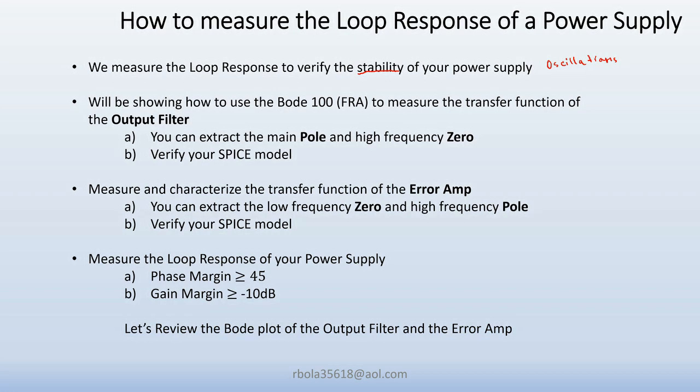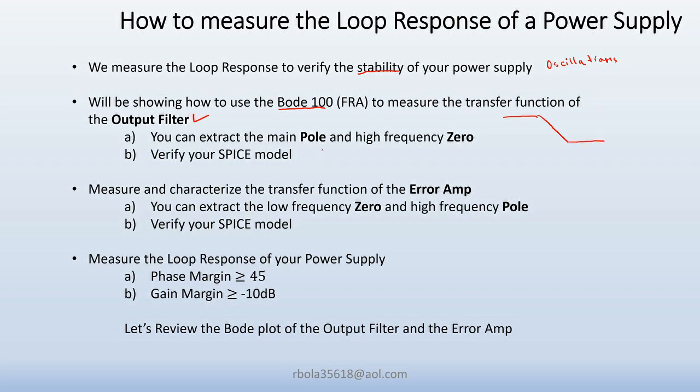I'm also going to show how to use the Bode 100, which is a frequency response analyzer, and I'm going to measure the transfer function of the output filter. The output filter is actually a low pass filter, kind of looks like this, and it's got a pole, and then it's got a zero.